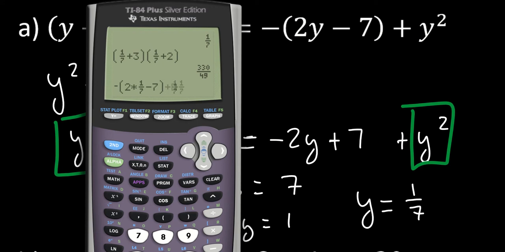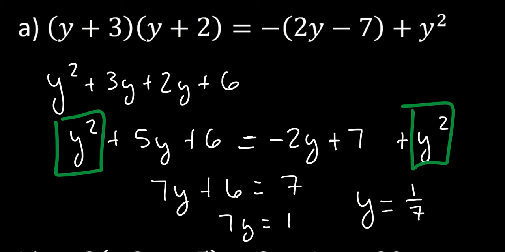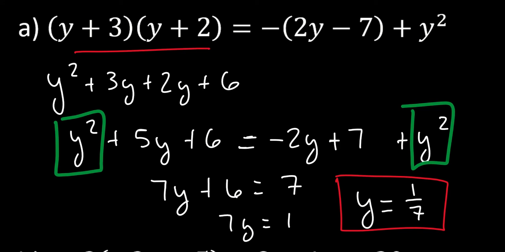I have to hit plus, there we go, so plus 1/7, and then I need to raise that to the second power. I need to square 1/7. When I do that, you can see I also get 330 over 49. So this is my solution, right, for the very simple reason that it is a value that made both the left hand side and the right hand side truly the same.